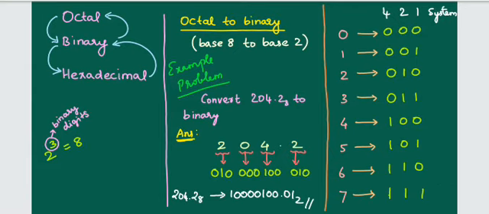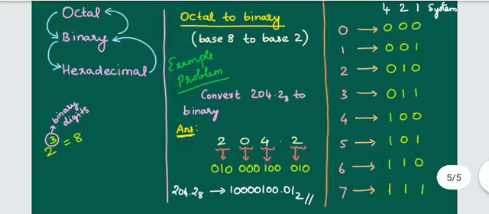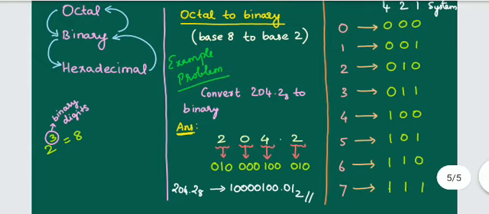One thing please remember, octal to hexadecimal directly we cannot convert. So first we need to convert octal to binary, then from binary to hexadecimal we can do. First we'll see how to convert any octal number into a binary number, that is base 8 to base 2.